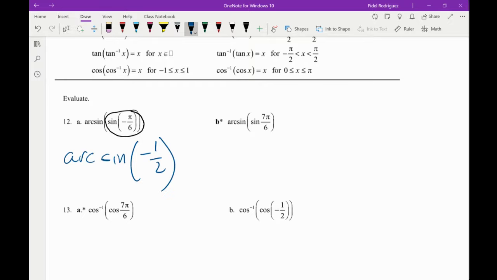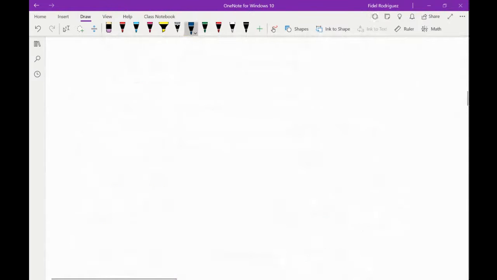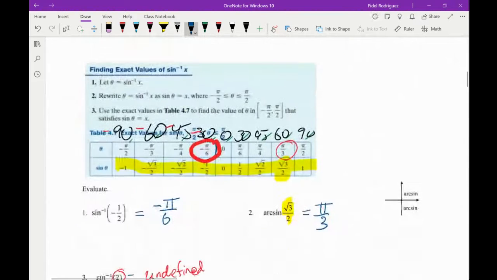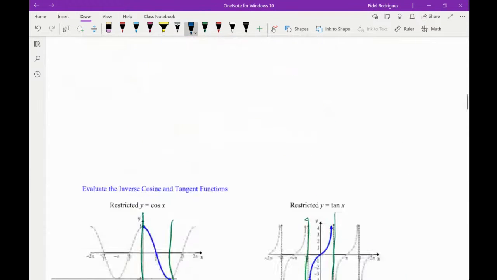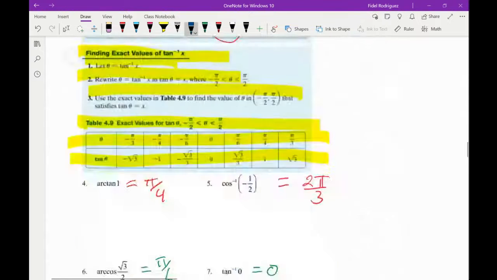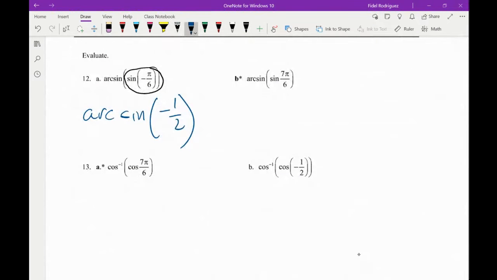And now if we're going to find the arc sine of -1/2, we would scroll back down, right? And I think I'm going to try to make this a little bit easier for you guys. The arc sine of -1/2 would then just be what number? -pi/6, right? Okay. So my answer here would be -pi/6.